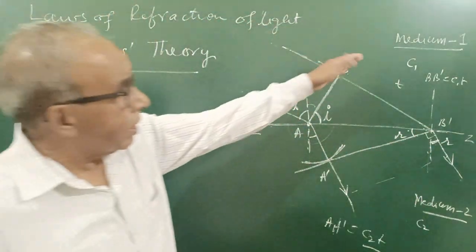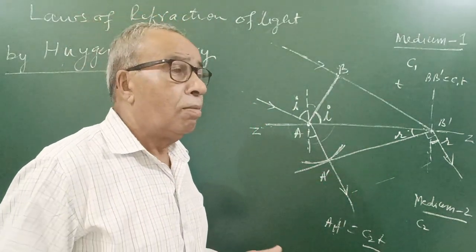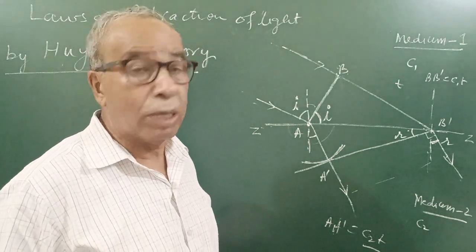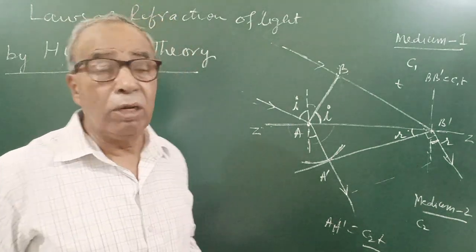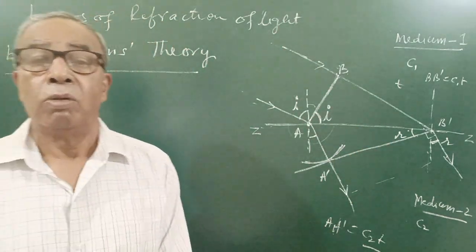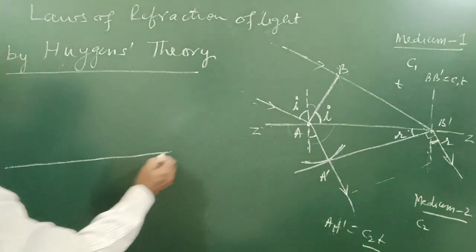Here I have taken medium 1 rarer and this denser. But one year there was a question to draw the refracted wavefront when light is going from denser to rarer medium. So how to draw? I am telling you how to draw. This is the boundary Z dash.